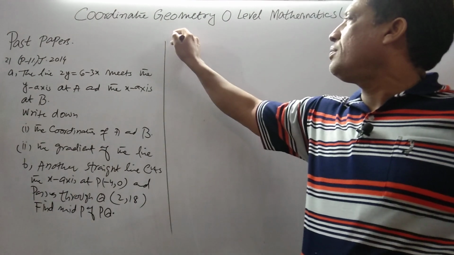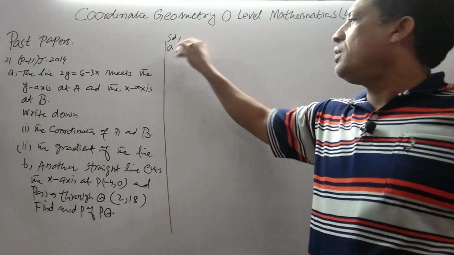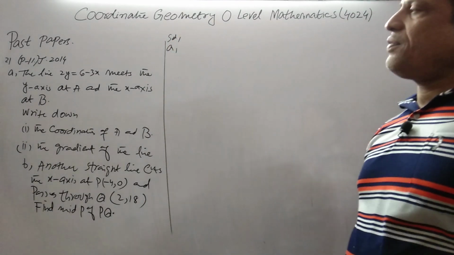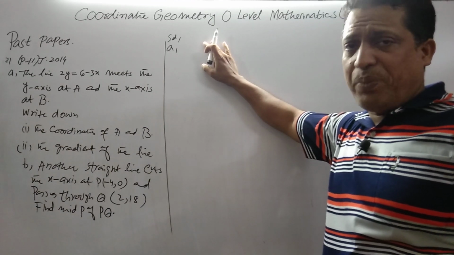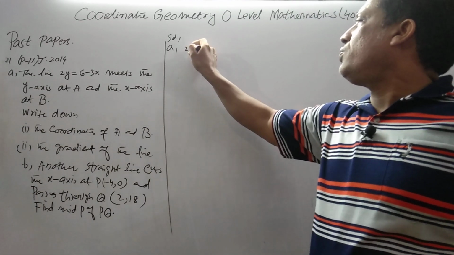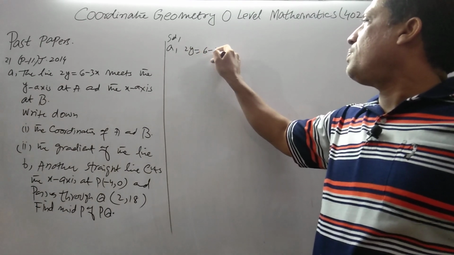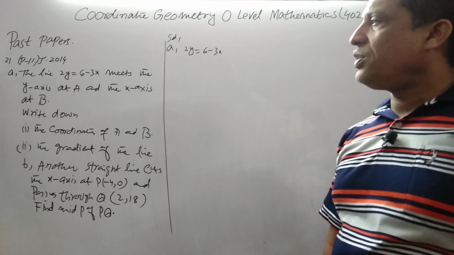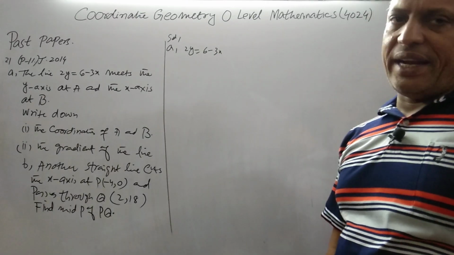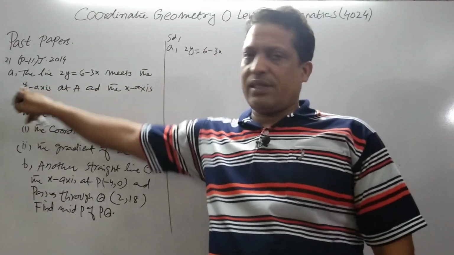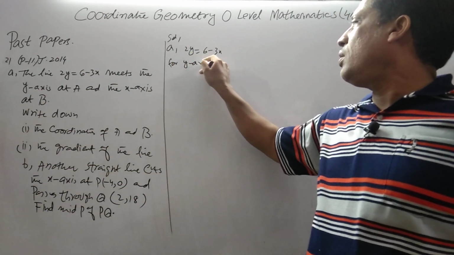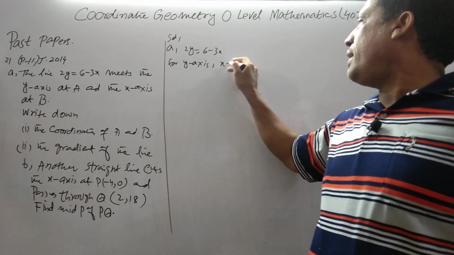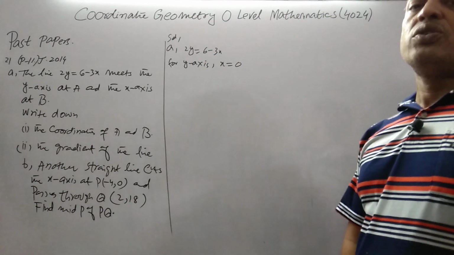Part A, solution. The line 2y equals 6 minus 3x meets the y-axis at A and the x-axis at B. Students, you know, if the line meets the y-axis, x must be equal to 0.